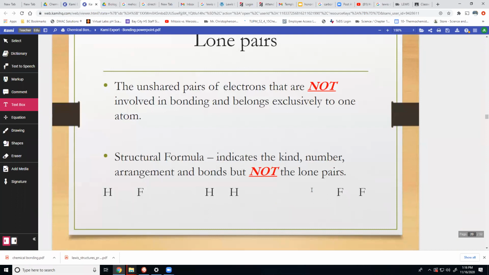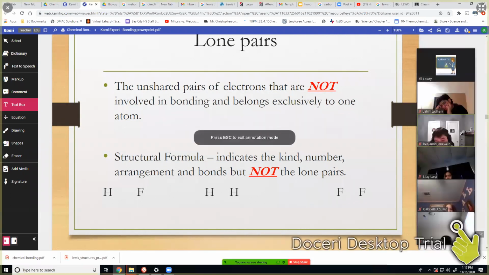So I kind of already mentioned this, the unshared pairs of electrons that are not involved in bonding belong exclusively to one atom. There is something called the structural formula that just indicates the kind, number, and arrangement of bonds, but not the lone pairs.